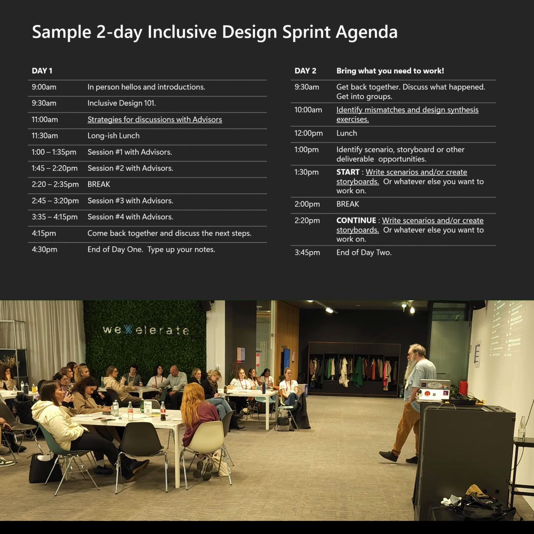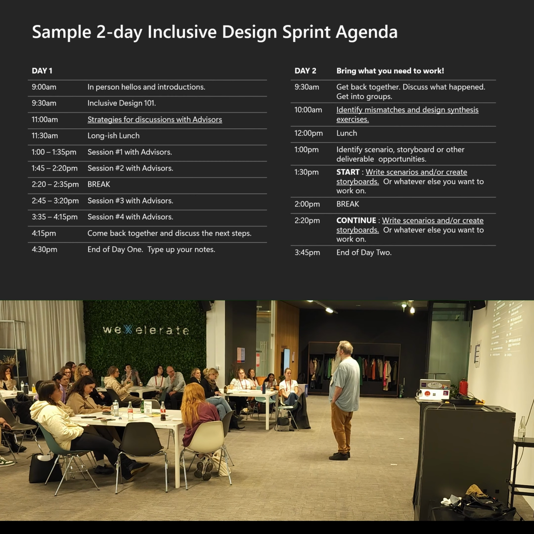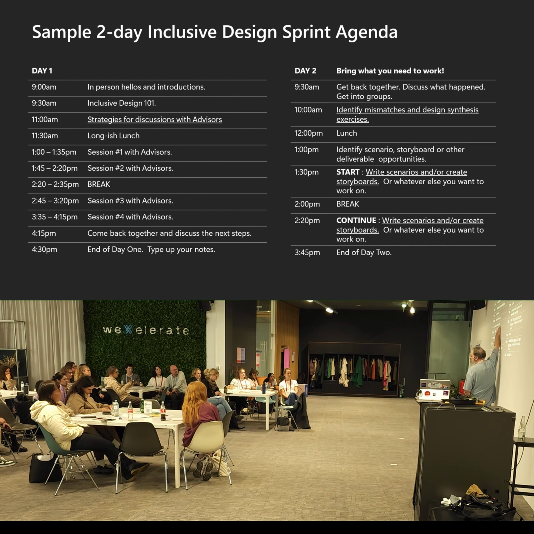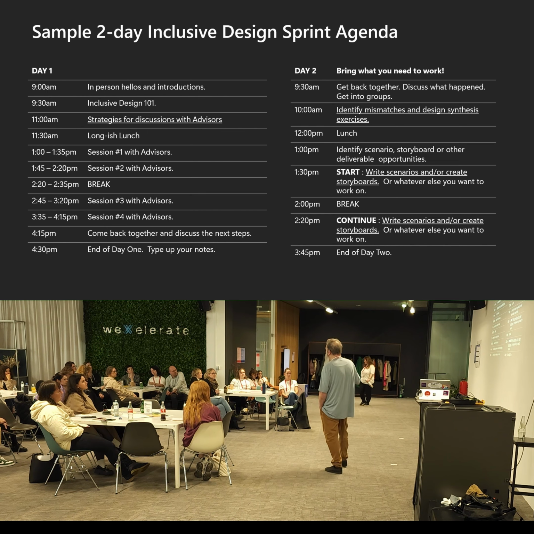I do ask people to come back at the end of the day and write some notes down before they leave, because I will tell you quite honestly, this is the most impactful part. The people who walk away from your sprint are going to remember this the most, talking with the people with disabilities. But if they go home that night and don't write notes down because they think they're coming back the next day to write notes down, they're going to lose a lot. So at least ask them to write some stuff down before they go.